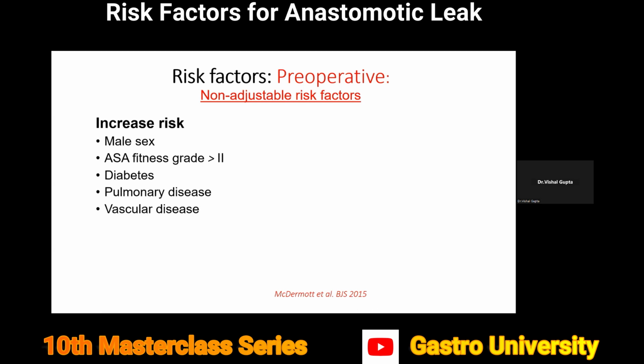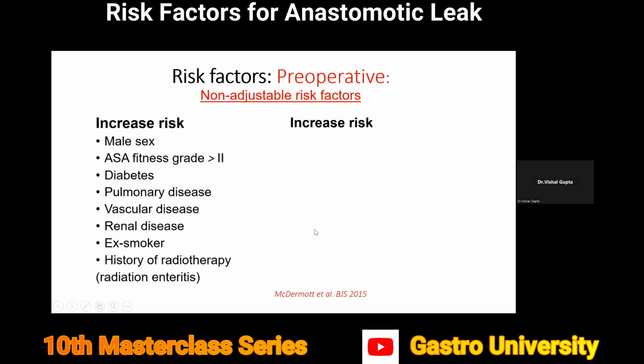Then we have comorbid conditions like diabetes, pulmonary diseases, vascular diseases, and renal diseases, which all affect vascularity. Then ex-smokers: even if the patient has stopped smoking, the risk persists for up to 10 years. Then a history of radiotherapy: a patient with carcinoma cervix who received radiation in the previous few years and is suffering from radiation enteritis might be at increased risk.